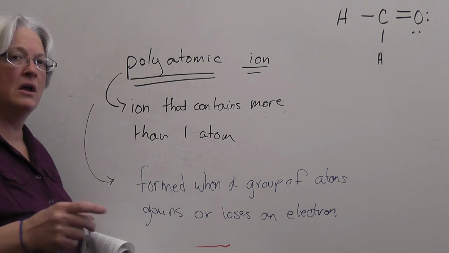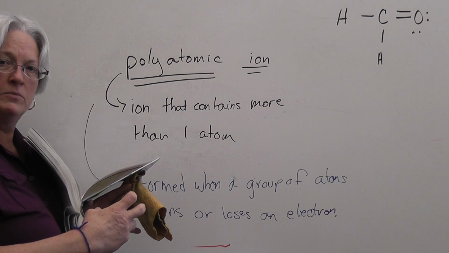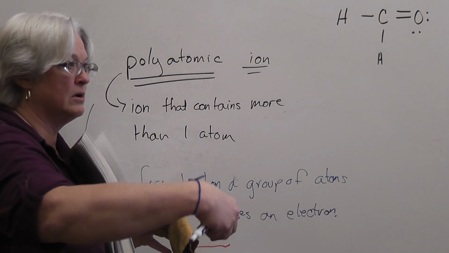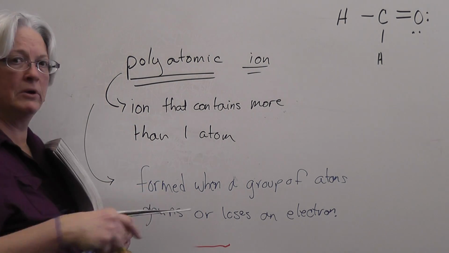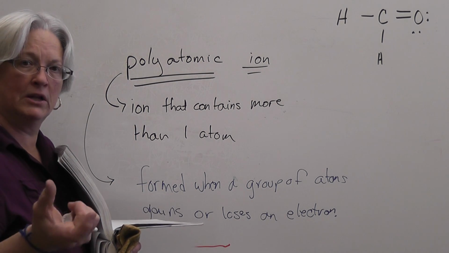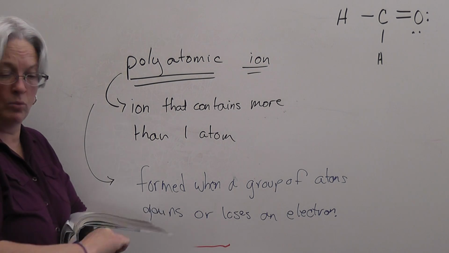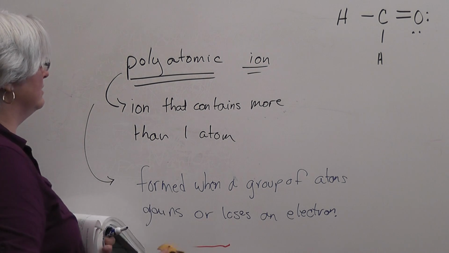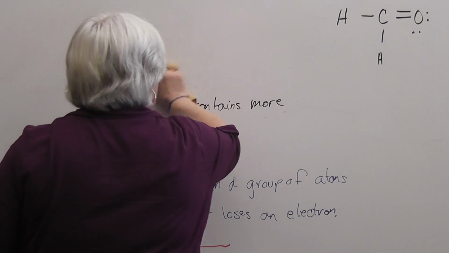Polyatomic ions are formed when you've got a group of atoms that is either looking for an electron or wants to give an electron away. Polyatomic, many atoms. A polyatomic ion contains more than one atom. Okay, and you can write this down, or you can get it directly out of your book.